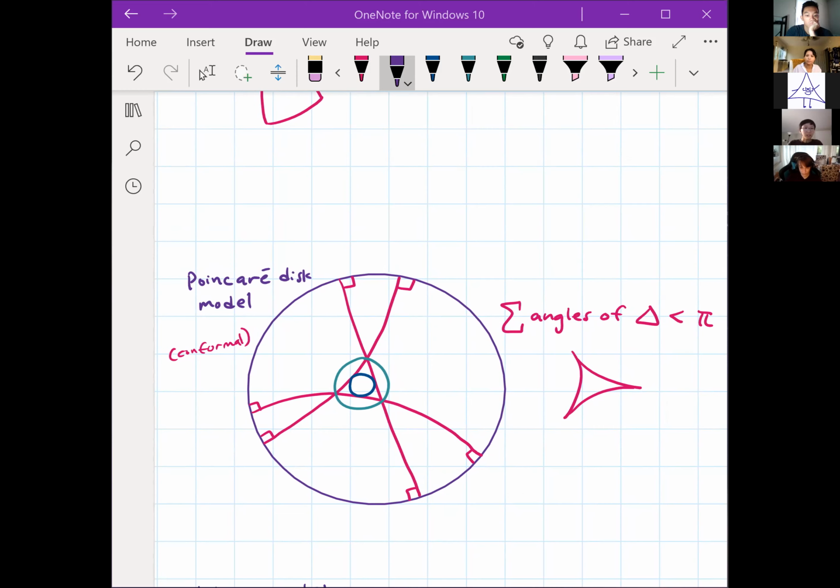So they don't get distorted at all. And so the Poincare disk model says that our hyperbolic space is defined to be the interior of this disk, and our geodesics are arcs of circles that are perpendicular to the boundary of this disk.